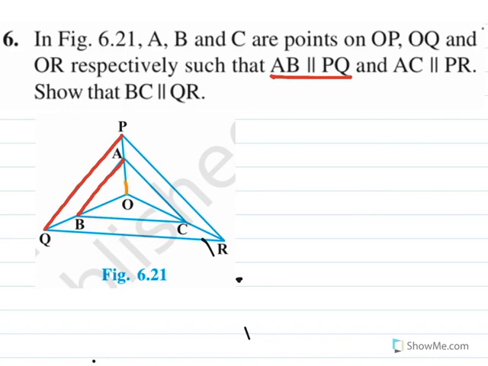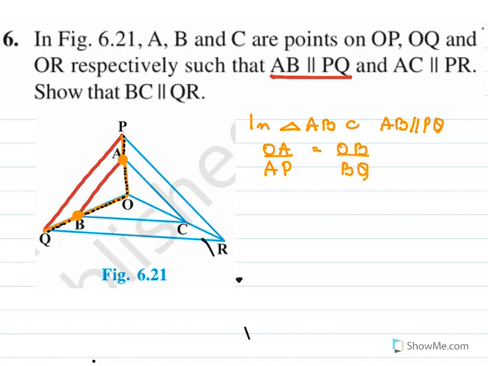Now if AB is parallel to PQ, I can say OA over AP equal to OB over BQ by BPT, equation 1.